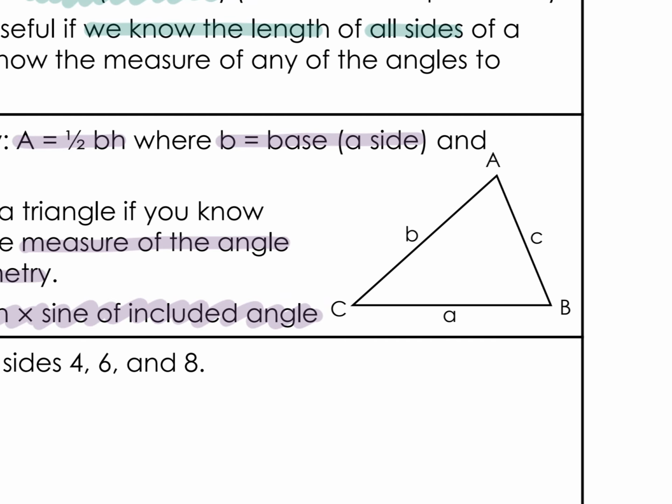All right, so looking here, let's say that we want to use this a here as my base. I'm going to call that my base here. And we would need to know the height corresponding to it, which should be perpendicular.